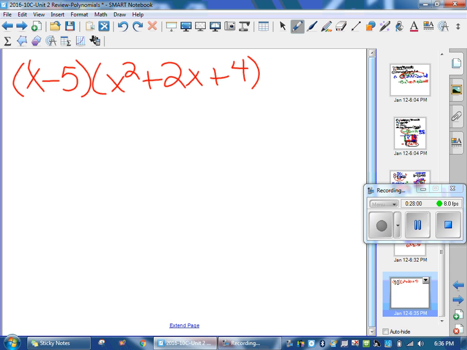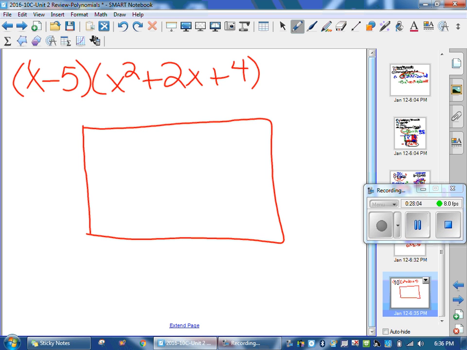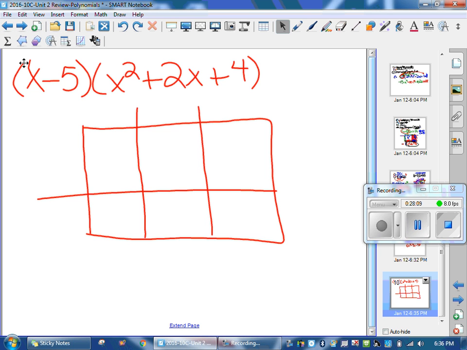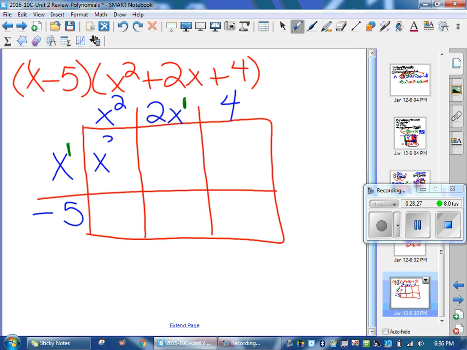Now we're ready to multiply. My x and my negative 5 go on the left, my x squared, 2x, and 4 go on top. And again, I multiply. Don't forget the hidden 1s on your variables. I've got a 1 there and a 1 there. So my answers inside my boxes are going to become x cubed, 2x squared, 4x, negative 5x squared, negative 10x, and negative 20.